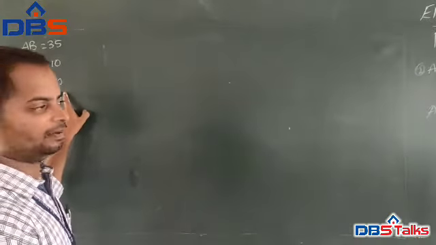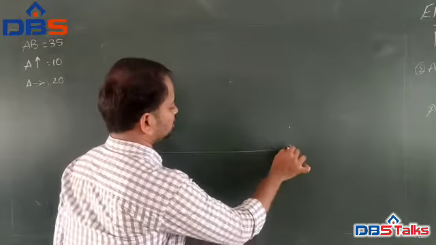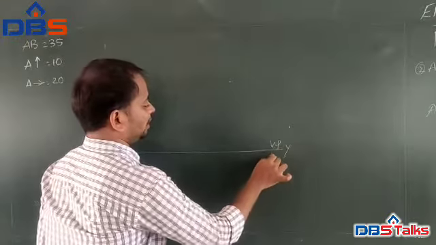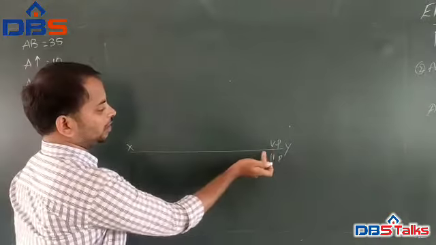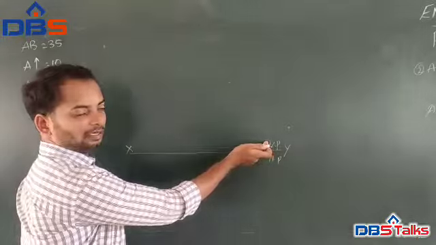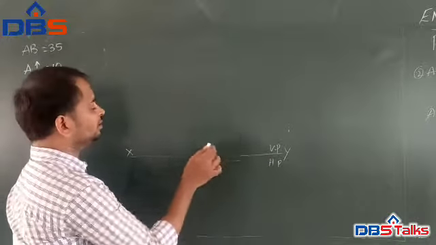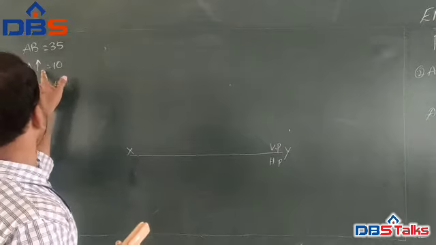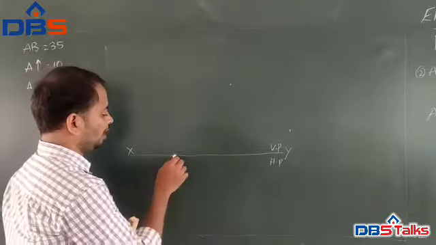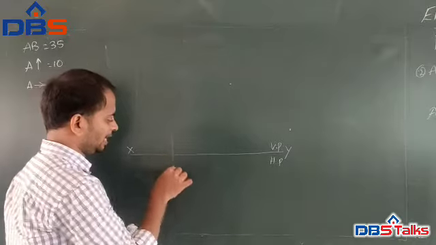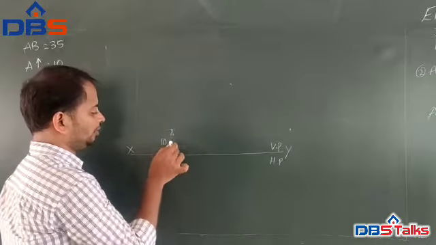Then from this given data, draw the XY and mention above the XY as vertical plane and below the XY as horizontal plane. Then based on the given information, A is 10 mm above HP, so mark the dimension as 10 mm above HP.